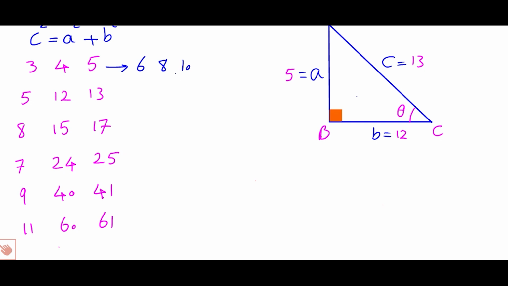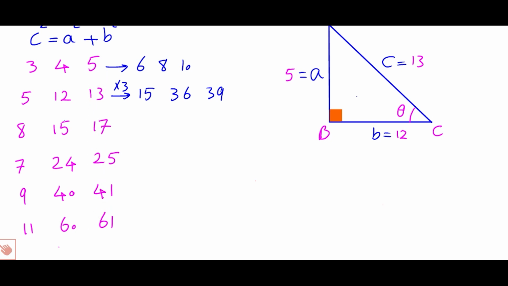Or if you multiply 5, 12, and 13 by 3, you get a 15, 36, and 39 triangle. As you know, the longest side is the hypotenuse.